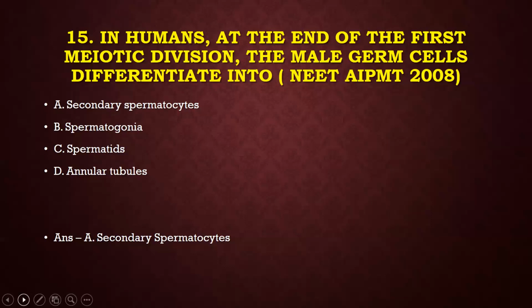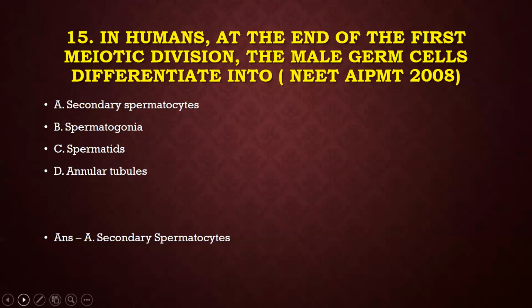So the spermatogonia undergoes a large number of mitotic divisions to form the primary spermatocyte. Then the primary spermatocyte undergoes the first maturation division, meiosis, to produce two haploid daughter cells, called secondary spermatocytes. The secondary spermatocyte undergoes the second maturation division to form four haploid spermatids or sperms.